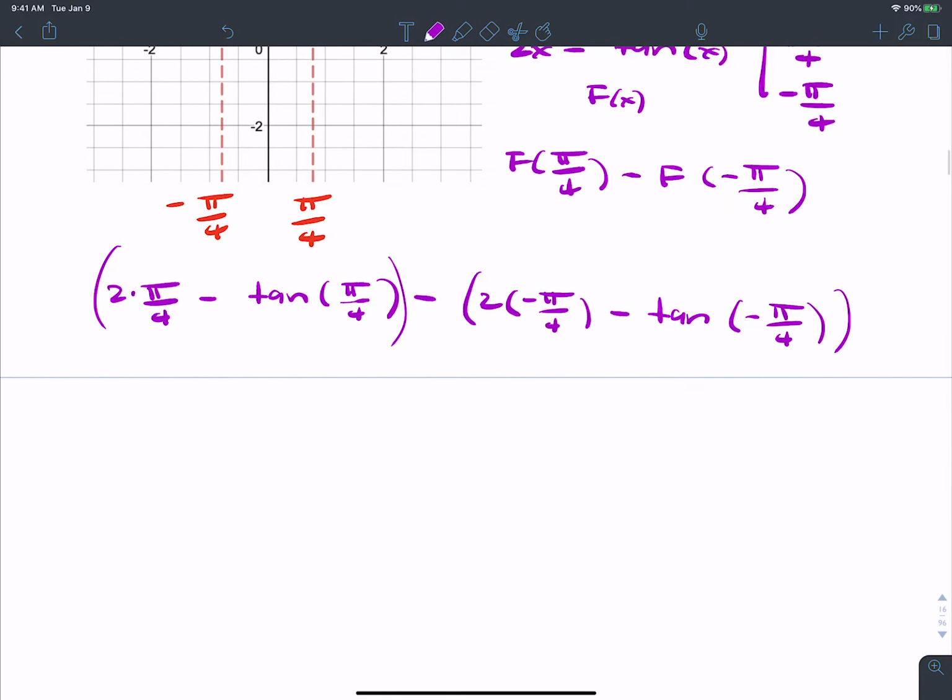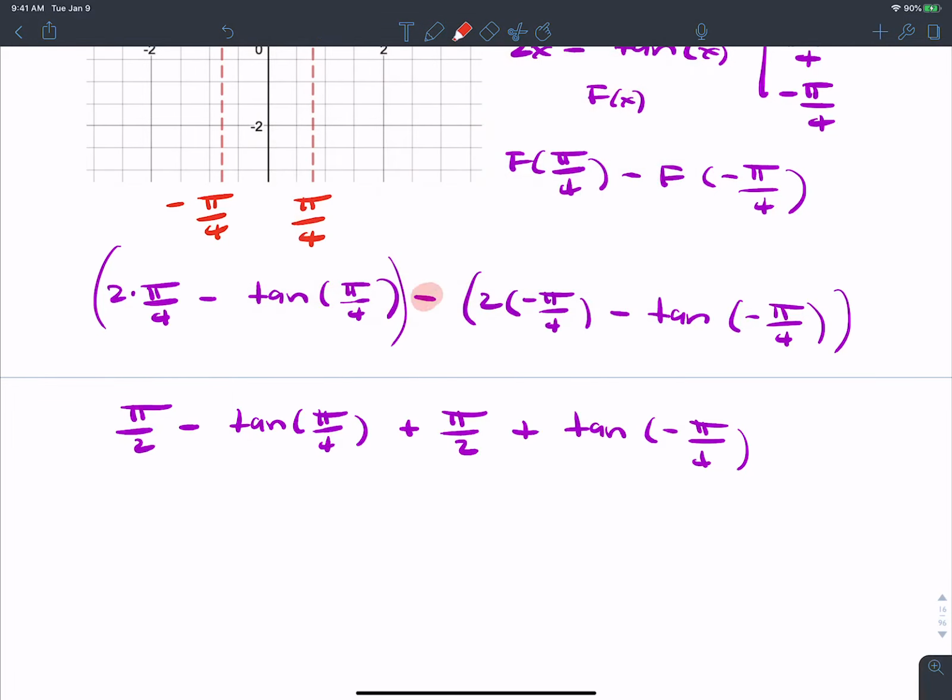So when we simplify our fractions, pi over 2 minus tangent pi over 4. Minus and minus makes that plus. Plus another pi over 2. Plus tangent of negative pi over 4. Double check. Do we have a minus and minus there? Looks like we do. Okay, see how we distribute the sign?